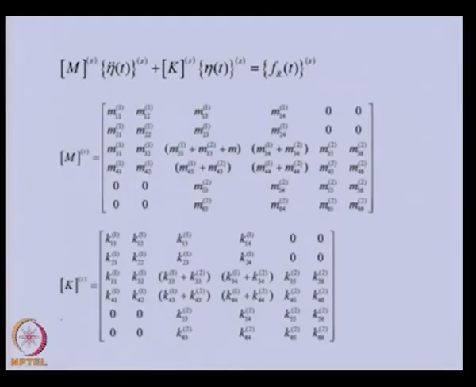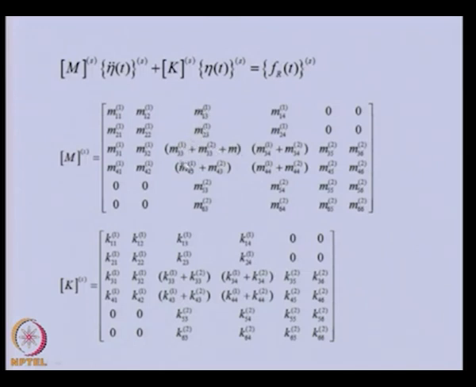If we assemble them, this is the assembled equation. You can see that this 4 by 4 is for element 1, but because there is a common node, some of the terms related to the common node of the two elements are coming.